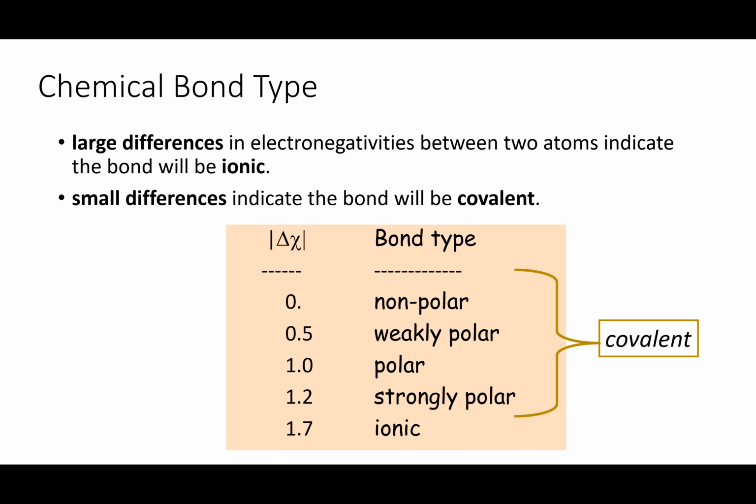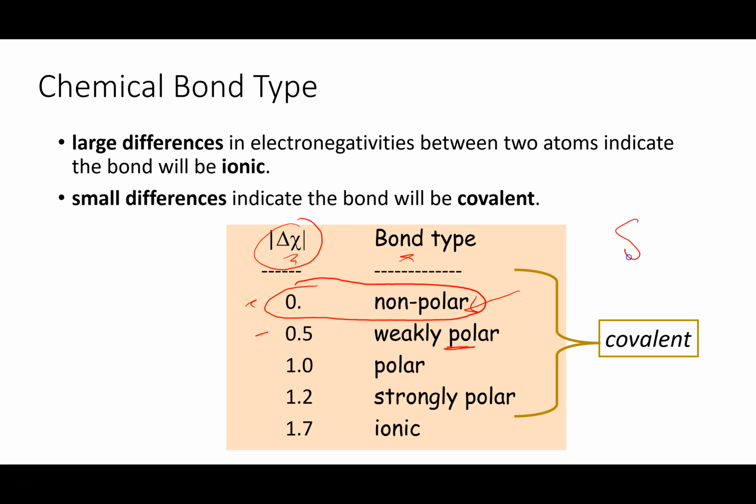And then this whole tug of war thing, if the electronegativities are the same, remember, deltas mean change in. So if you look at one electronegativity minus the other electronegativity and you get 0, that's what we call a nonpolar bond. If you do the difference and you have 0.5, that means that it is polar.